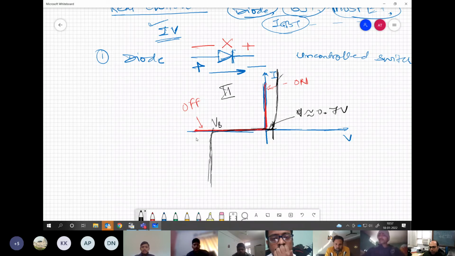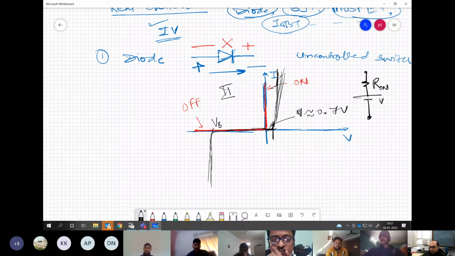Now how this will be represented in the circuit is basically like this. There is some slope for this characteristic, and that corresponds to some R on, and then some voltage you may call the on state voltage. This is the equivalent circuit for diode when this is on.